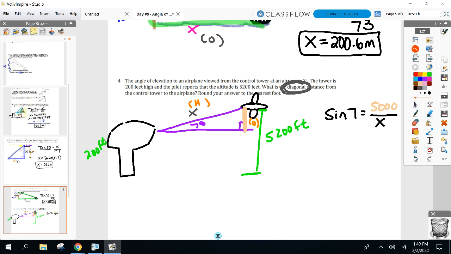And then nearest foot. Foot. Woo! 41,028 feet.